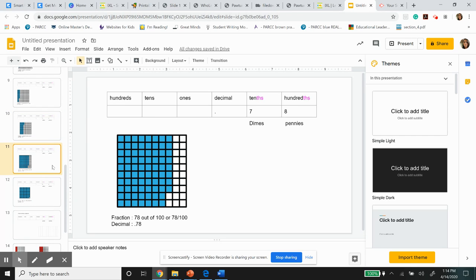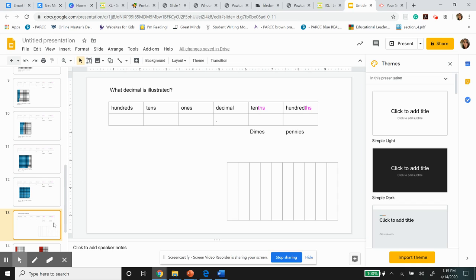Right, let's look at the next one. 100, so 10, 20, 30, 40, 50, 60, 70, and then 1, 2, 3, 4, 5, 6, 7, 8. So 78 of 100, which as a fraction is 78/100ths, and it looks like this, okay? 78/100ths, okay?